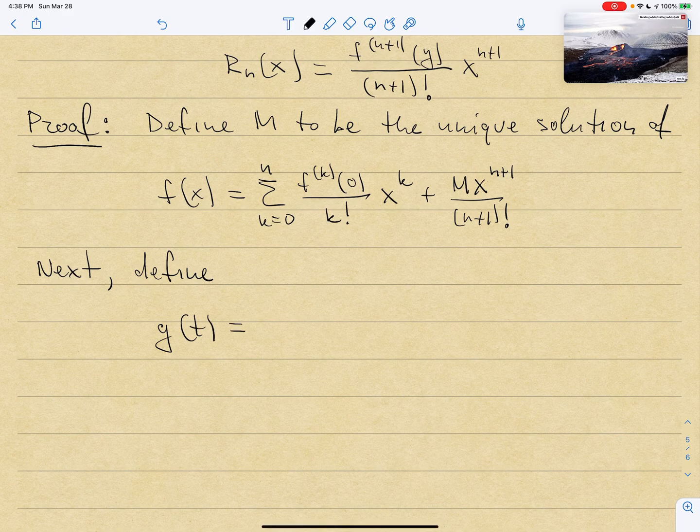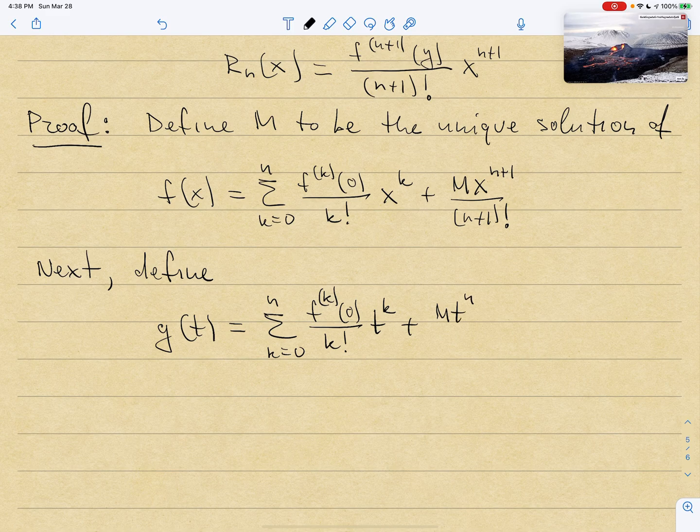And g of t is going to be the sum k from 0 to n of f^(k) of 0 over k factorial times t to the k, plus m times t to the n plus 1 divided by n plus 1 factorial, minus f of t.